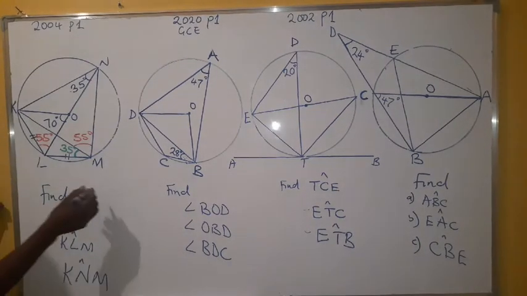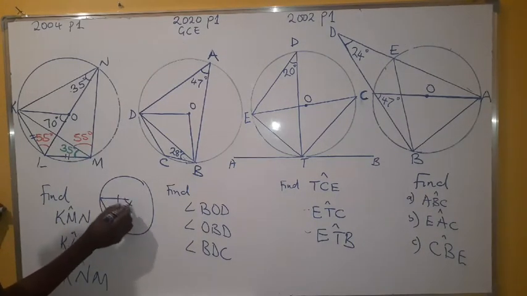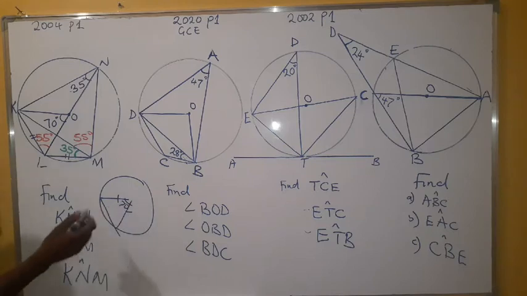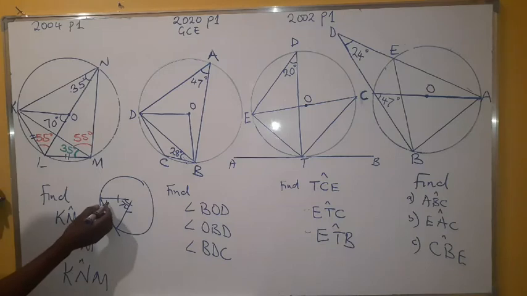Remember, we have the first circle, here we have 70, isn't it? So we can still use this same information to get this one, which is also going to be 55, since this is 55.